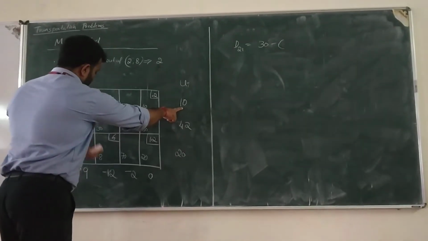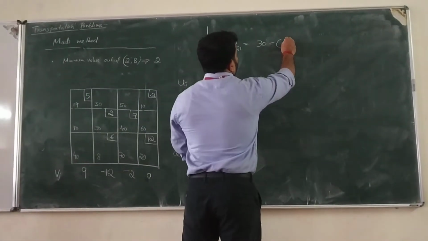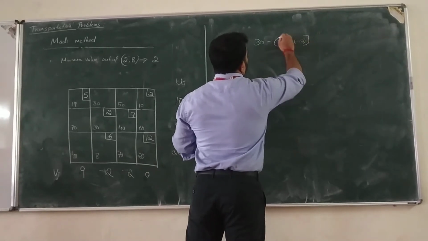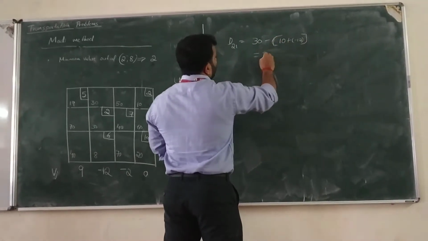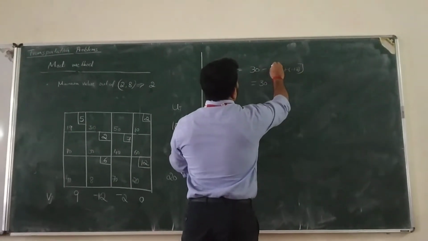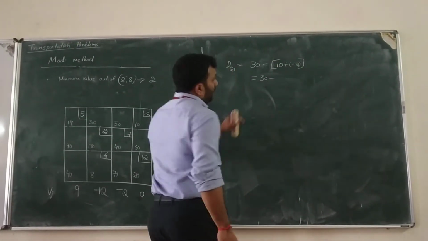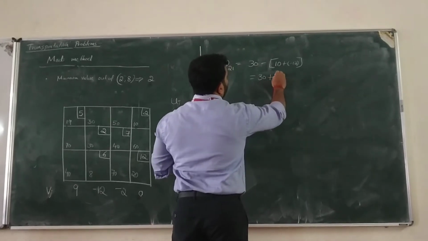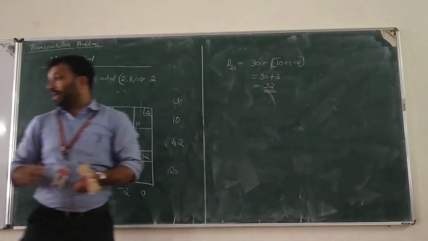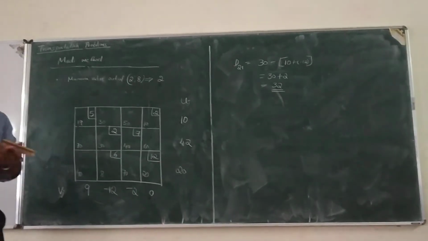Ui is 10, minus of minus 10 plus minus 12. So that is 30 minus of minus 2, 32. I will write the opportunity cost over here.